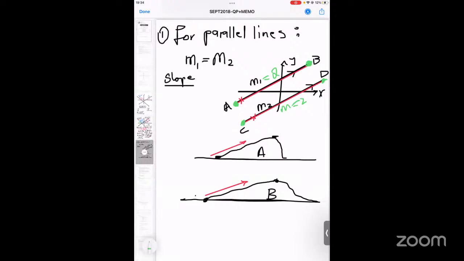I want to now discuss perpendicular lines. But did you guys understand what I meant there regarding parallel lines having equal gradients?